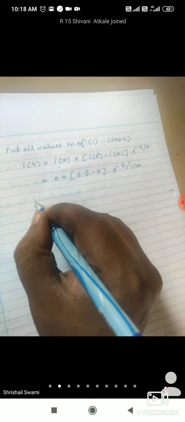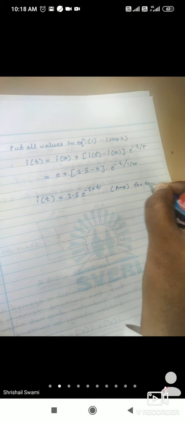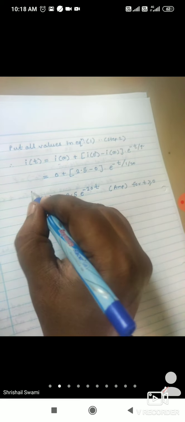1/20. Why I told you to keep 1/20 as it is: because this 20 goes to the numerator. That is, I of t is equal to 2.5 into e raised to minus 20 t. The unit is ampere, and this is for t greater than or equal to 0.